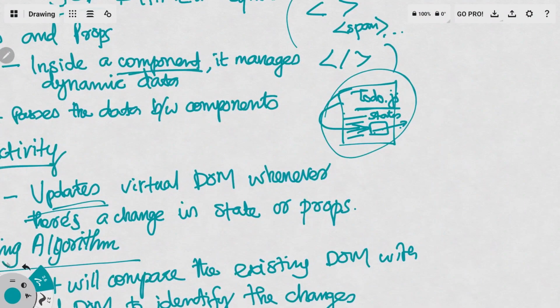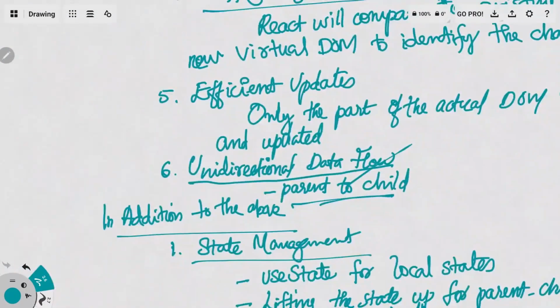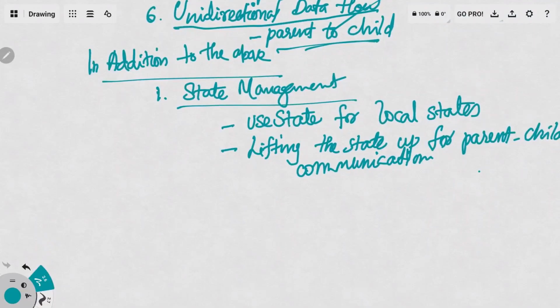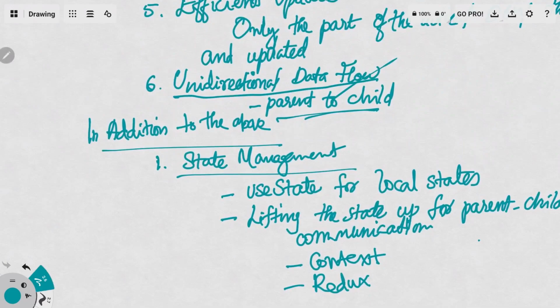So for child to parent, there are certain scenarios where we can pass the data like that. We can use context, we can use Redux. These are advanced topics, and we can cover them in a later topic. For now, you should understand that it is possible to pass the data from child to parent also. But the React core concept is unidirectional data flow, where we pass the data only from parent to child.